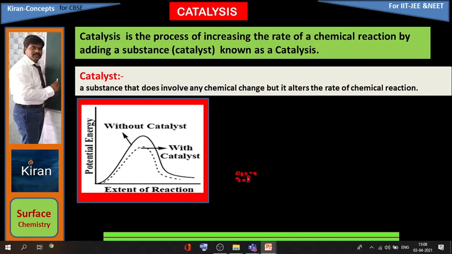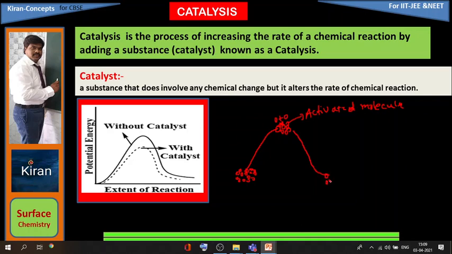These reactant molecules collide with each other. After that, a few molecules get excited. These excited molecules are known as activated molecules. These activated molecules alone lead to the formation of product. These activated molecules combine with each other and form the product.